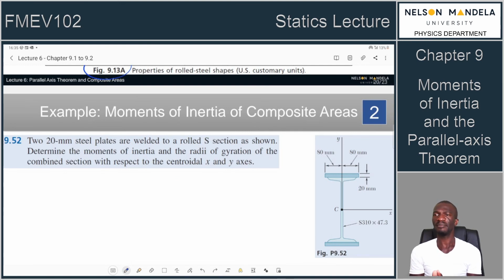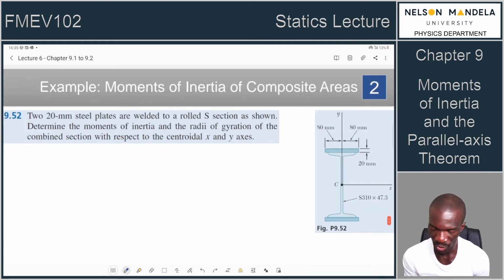So two 20mm steel plates are welded to a rolled S section as shown. Determine the moments of inertia and radii of gyration of the combined section with respect to the centroidal x and y axis. So how would you do this?